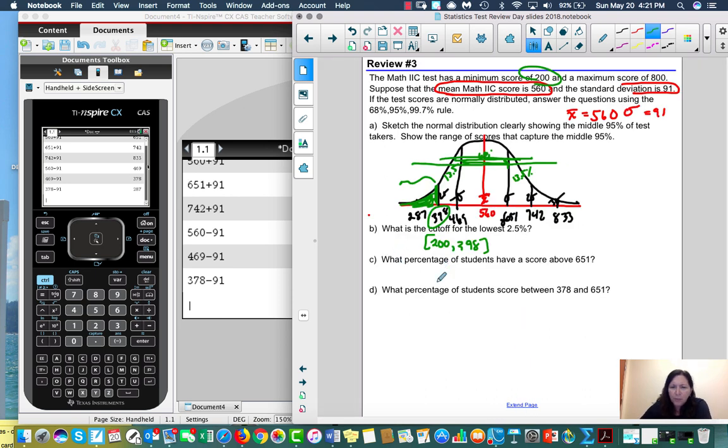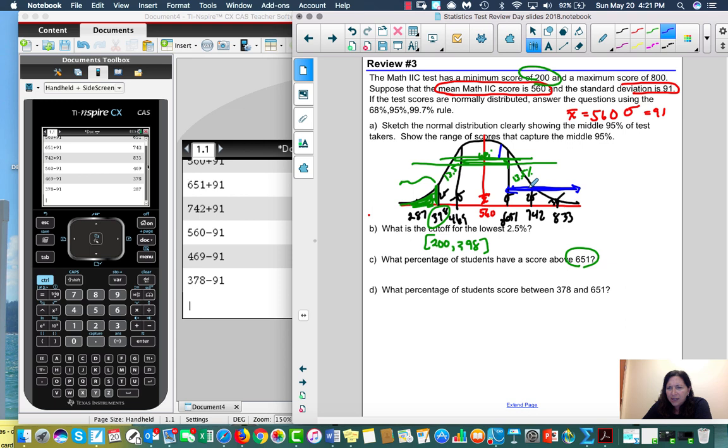Then it says, what percentage of the students have a score of 651 or above? So what they're looking for there is, well, 651 is around, oh, is this 651? That looks like 651. So this is the remaining balance up here, that's what they're looking for. So I can just look at that and say, well, what are my percents?